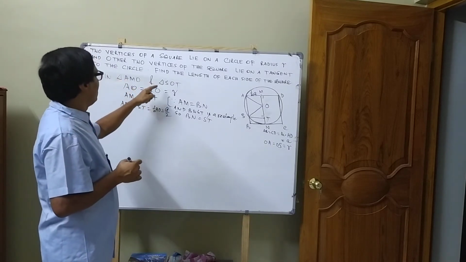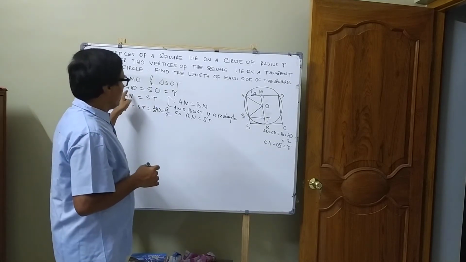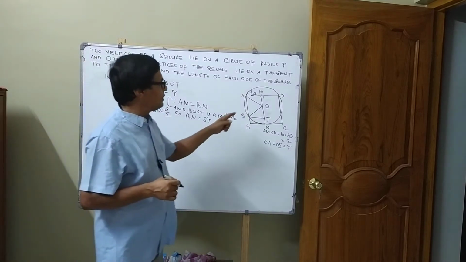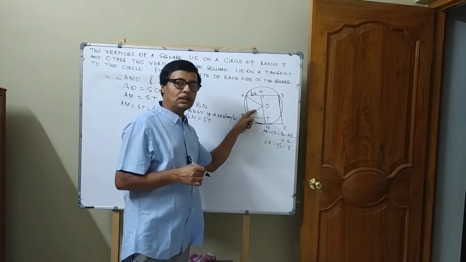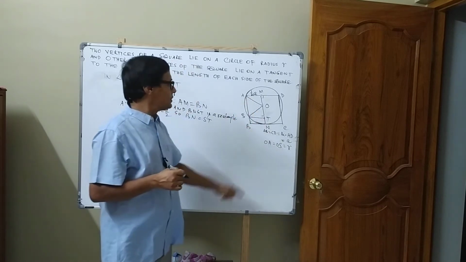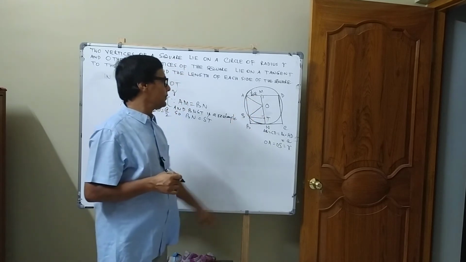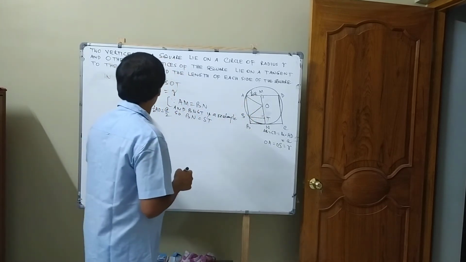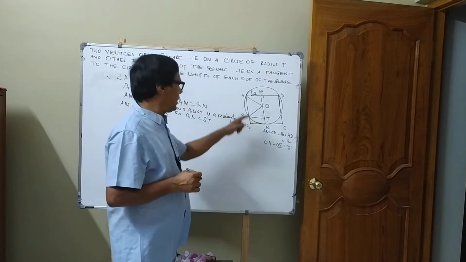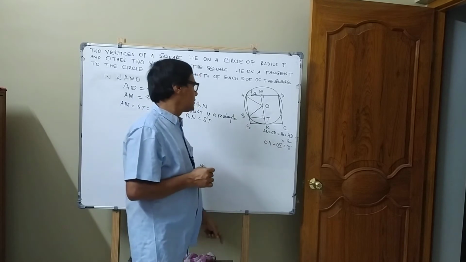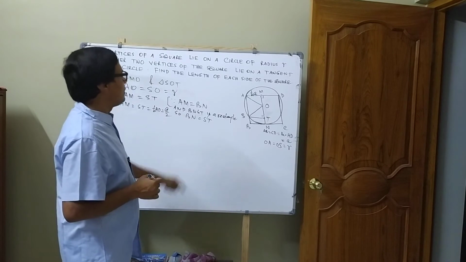Also, AO and SO are the hypotenuses of these two right angle triangles, and AM and ST are the two other sides of these two right angle triangles. So we can say that these two triangles are congruent.